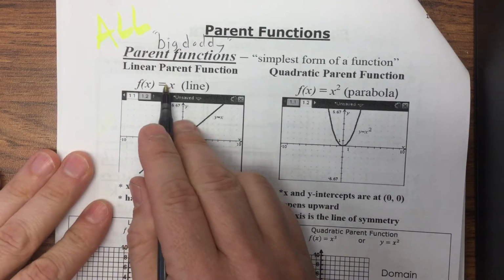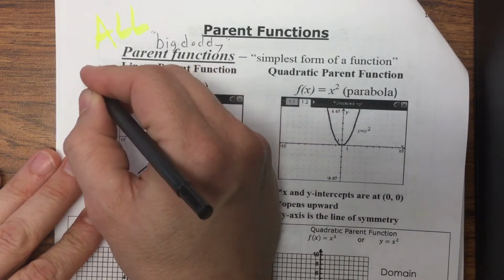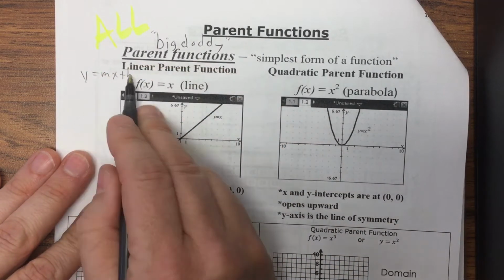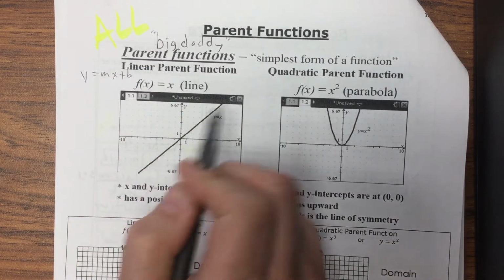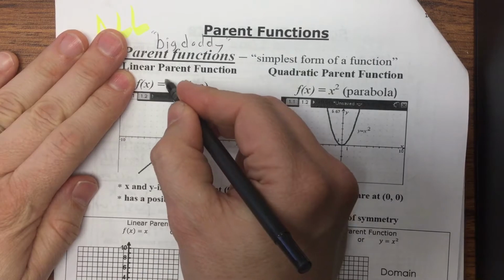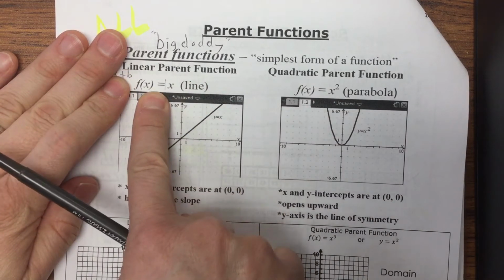Adding values here in front and adding values over here on the end, like y equals mx plus b, whatever values you have for m and b, change that line. But the most basic line has a slope of 1 and a y-intercept of 0, and that is the parent function. All right?